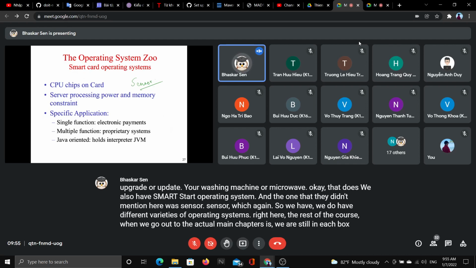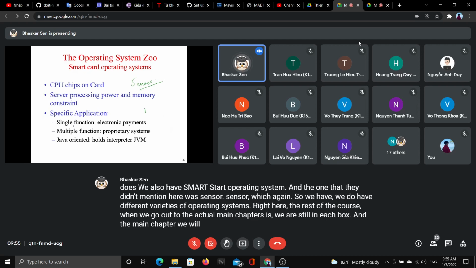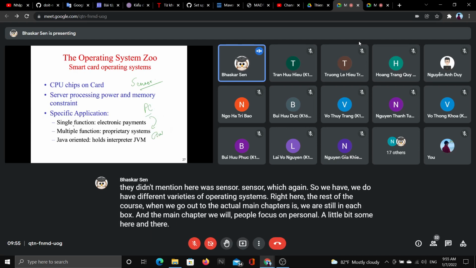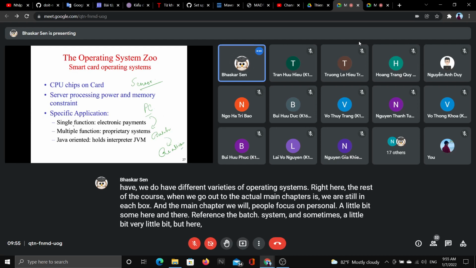In the main chapters, we will keep our focus on personal computing, with a little bit of reference here and there to batch systems, and very little about real-time. But primarily on PCs, or personal computers, or interactive systems.